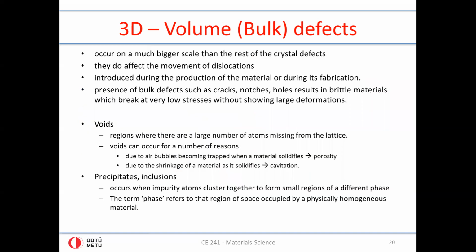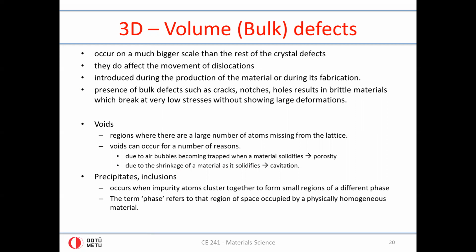Now, when you go to 3 dimensions, bulk defects are much larger than all of the other crystal defects, and they too influence the movement of dislocations, hence the ability for the material to, say, bend. And the idea here is that to be able to bend, from 1D to 2D, you saw that you needed rows of atoms to move with respect to their initial neighbors due to some sort of applied force.